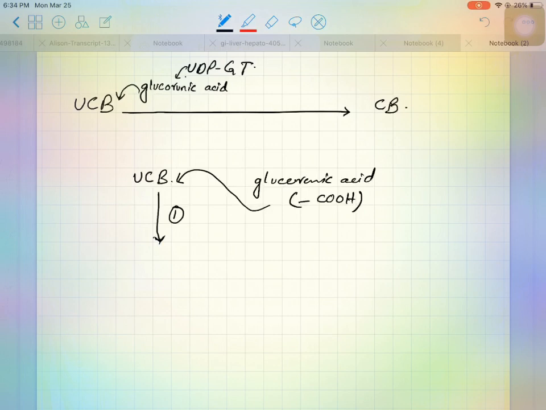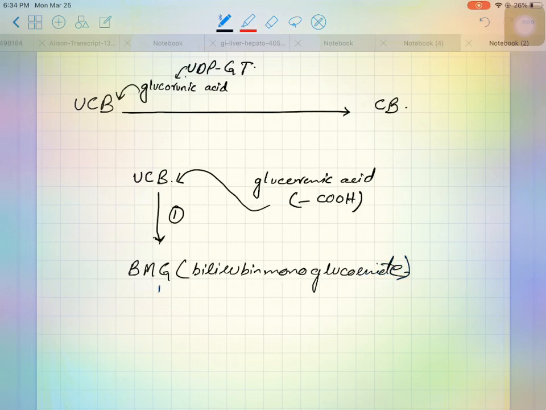Then it becomes bilirubin monoglucuronate.